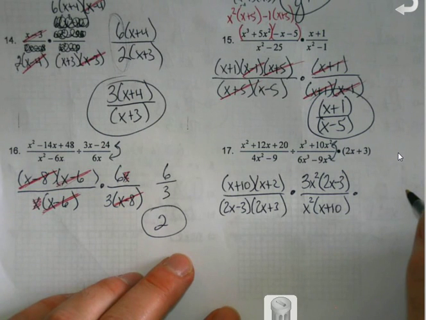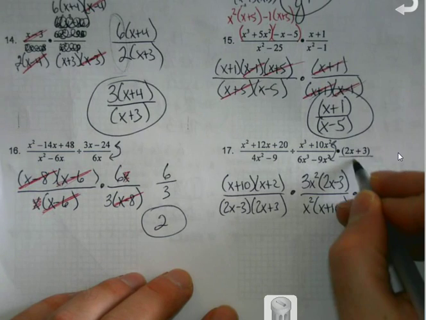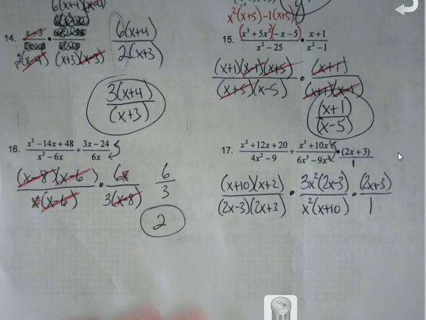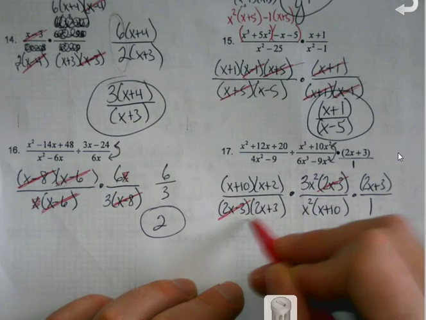Then we get to the ever confusing last part. Where does this go? Up in the numerator. And I'm even going to put the 1 underneath so I don't forget that. Because I don't get to choose where it goes. It has to stay up in the numerator. Then I can start whacking away.